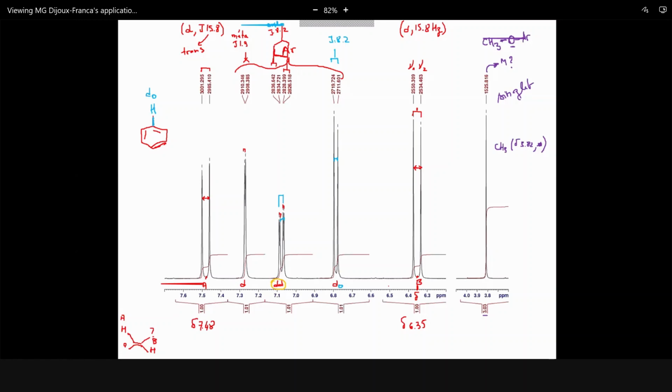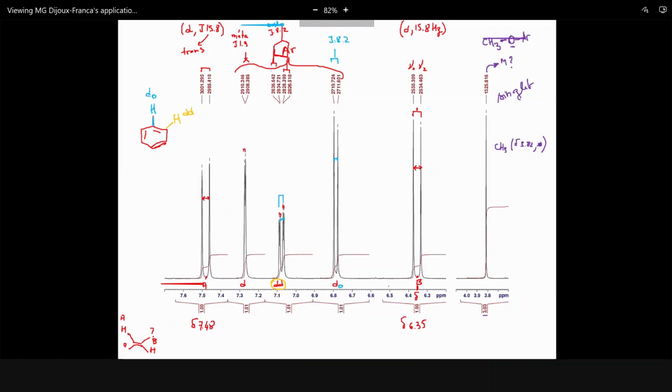So the double doublet means that it is coupled in ortho with the first proton. So that means that in position ortho, I will write the orange, which is the double doublet. As the blue one doesn't couple to the third one, we can't measure the coupling constant with this one.